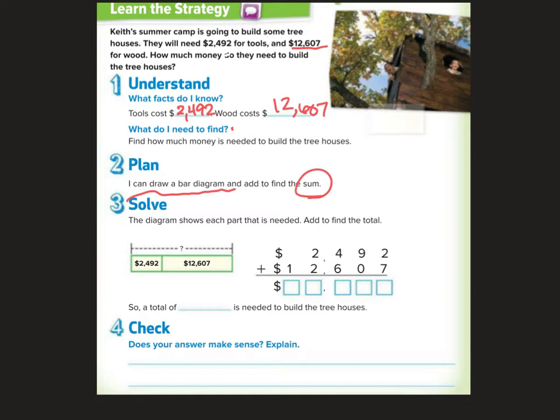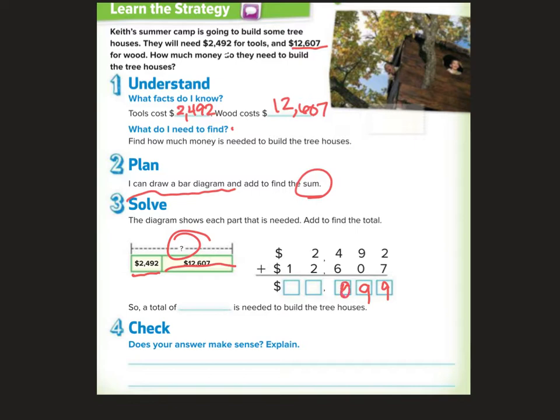Okay, so the diagram shows that each part is needed to find the total. So there we would say this plus this equals that. So let's add them together and see what we get. 7 and 2 is 9. 9 and 0 is 9. 4 and 6 is 10.